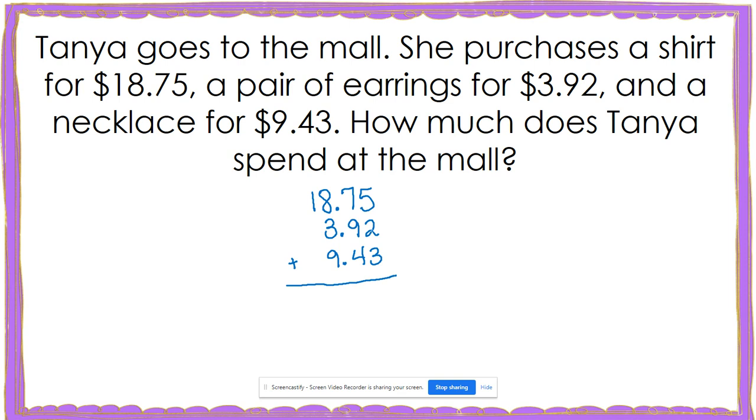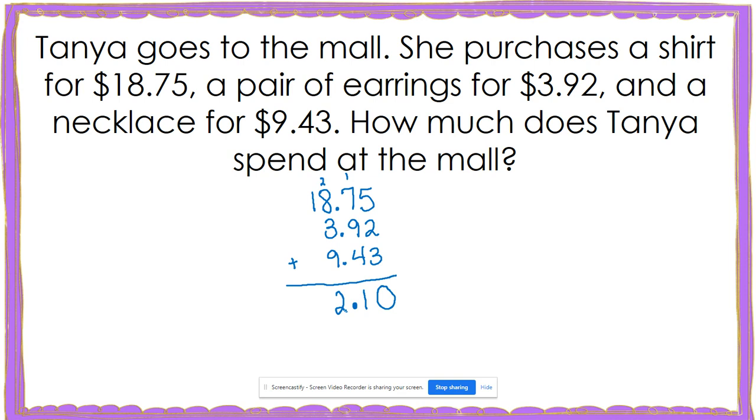5 plus 2 is 7. 7 plus 3 is 10, so I'll put my 0 and carry my 1. 1 plus 7 is 8. 8 plus 9 is 17. And 17 plus 4 is 21, so I put my 1 and carry my 2. I'm also going to make sure that I bring down my decimal. 2 plus 8 is 10. 10 plus 3 is 13, and 13 plus 9 is 22.